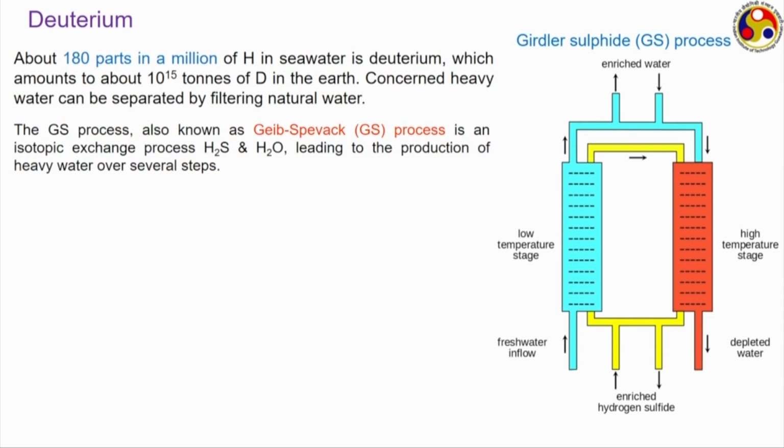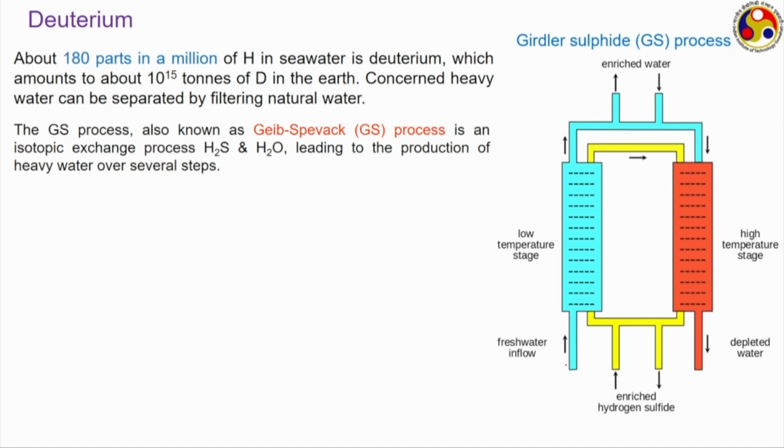It facilitates an isotopic exchange between hydrogen sulfide and water, leading to the production of heavy water over several steps of processing.